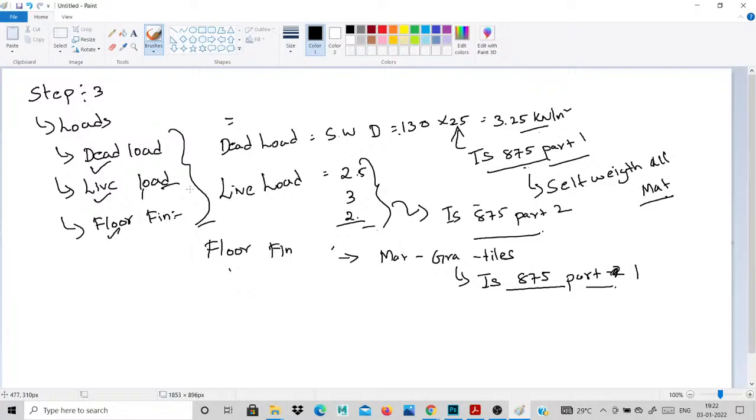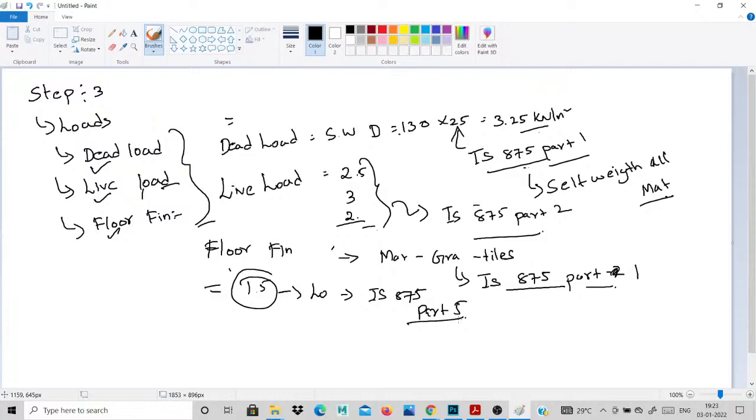Then the next step. Step 3 is over. If I calculate loads, multiply by the factor of safety 1.5, that is the load combination. The load combination also has code books: IS 875 part 5, which is the combination for your loads.